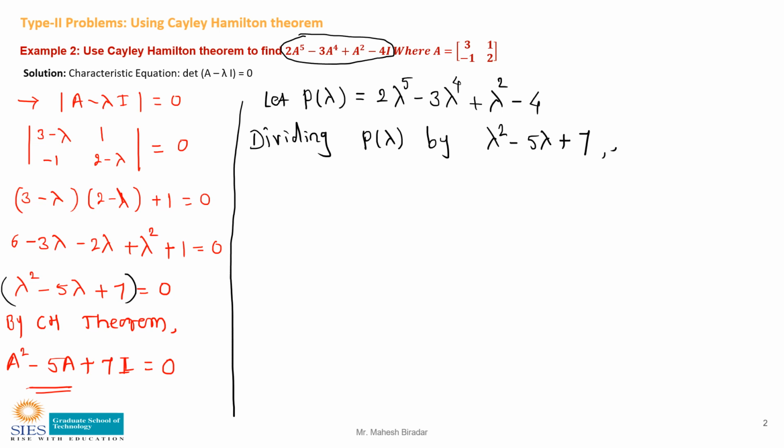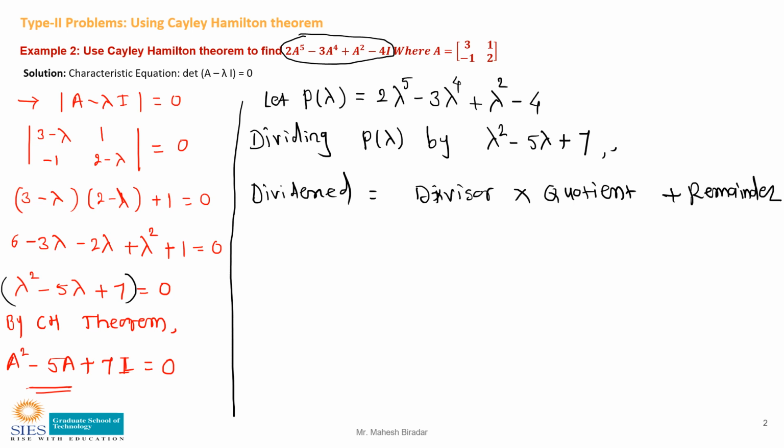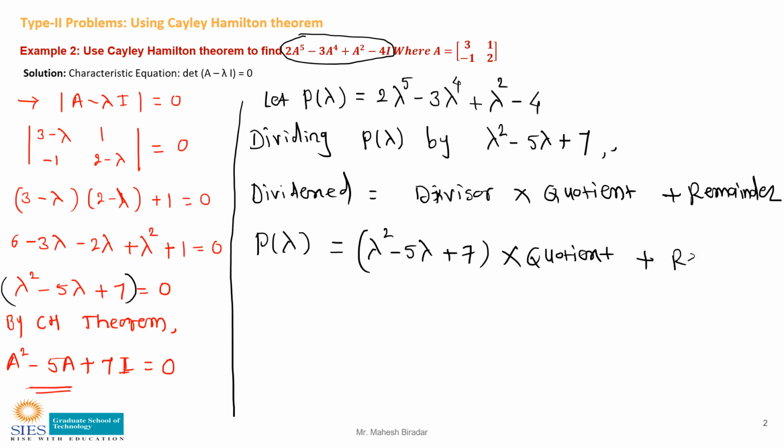dividend is equal to divisor into quotient plus remainder. So here the dividend is P of lambda, the divisor is lambda square minus 5 lambda plus 7, and we are going to find the quotient plus remainder.